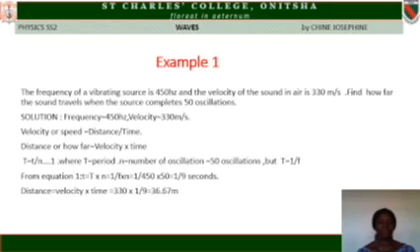Then velocity or speed equals distance over time. And remember in physics, how far is equal to distance. Therefore, if we make distance the subject of the formula, we have distance equals velocity multiplied by time.